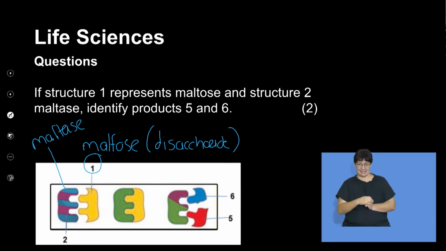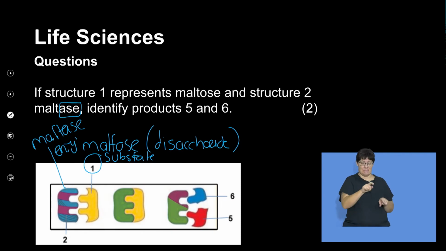Now, you might never have heard of maltase before, but what is the rule? Very often, if it ends in ASE, it is the enzyme. So this is the substrate, and this is the enzyme.